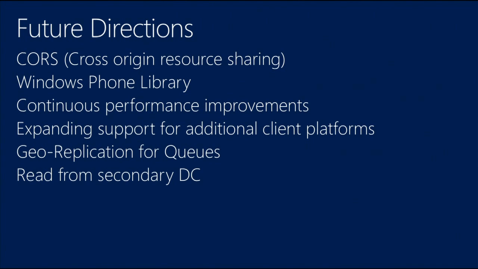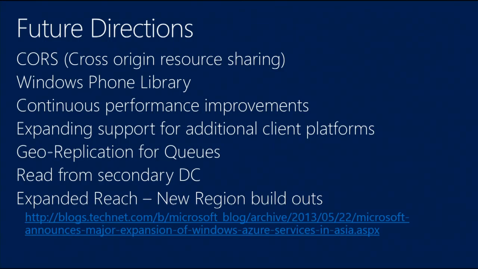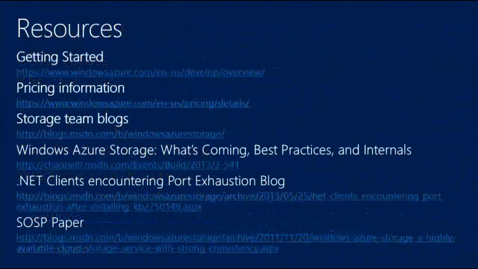Geo-replication for queues. Read access to the secondary data center: if you have geo-replication turned on, we're going to enable you to read that data from the secondary data center, which has its own scalability targets, and control failover at the blob or resource level, which can be really useful. And then expanded reach. There's a blog post there about the new region build-outs.